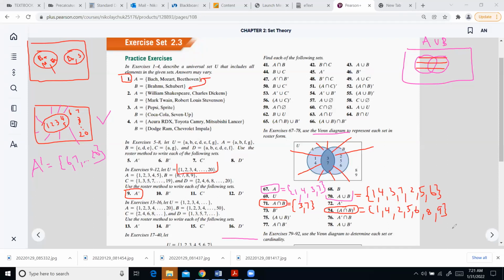How about if we try to do a problem like number 77 then? What if we try to find the intersection of A and not B, the complement of B? How would that look like? And once again, I think the picture will be the best idea for that.